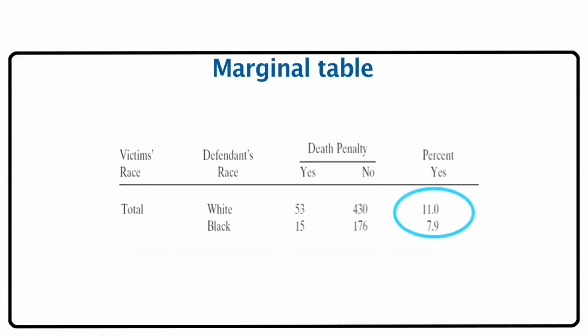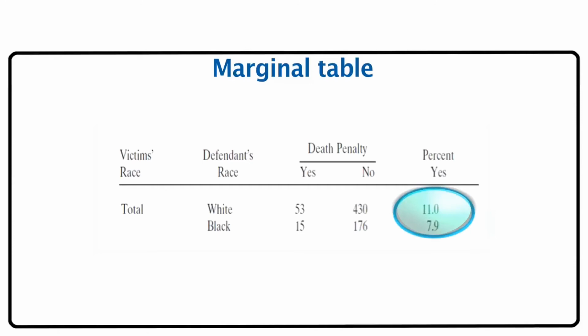On this slide, I'm looking at the marginal table where I have collapsed across victims' race. When I aggregate the data, I see that considering the total situation, in cases where the defendant was white, the death penalty was awarded in 11% of the cases, and in situations where the defendant was black, the death penalty was awarded in 7.9% of the cases.